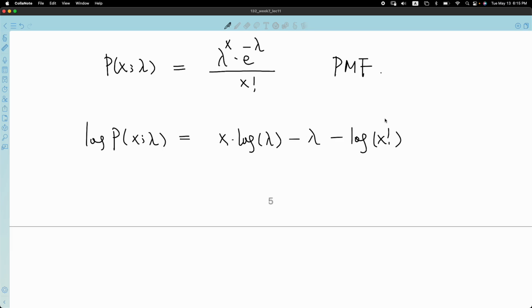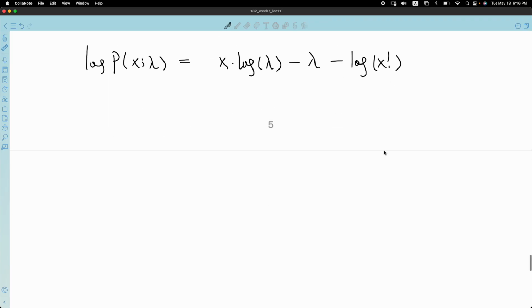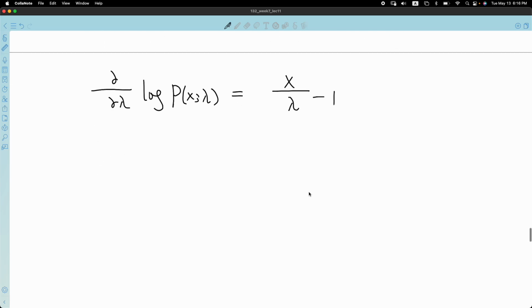This one is in the denominator, so we have a minus log of x factorial. Okay, that is the log likelihood. To get the Fisher information, we need to take the first order derivative of the log likelihood. So the first order derivative, you will have x over lambda minus 1 minus 0. Okay, so that is your first order derivative with respect to lambda.